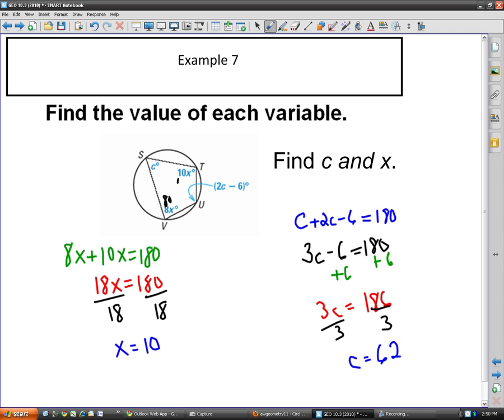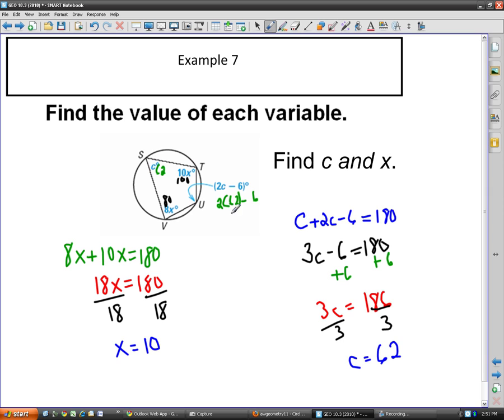If I do the same with the 62, well, c is 62. If I plug in this one over here, we should get 2 times 62 minus 6. The first thing I'm going to do is multiply 2 times 62, which is going to be 124, minus 6.